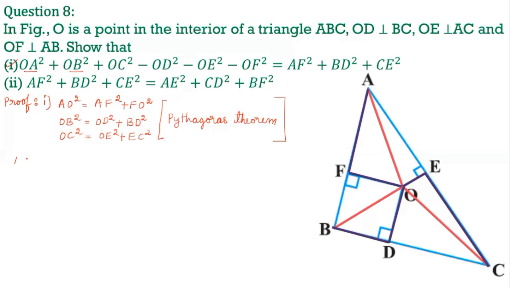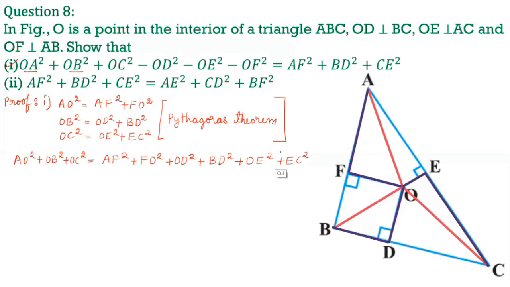So add equations 1, 2 and 3. That is AO square plus OB square plus OC square is equal to AF square plus FO square plus OD square plus BD square plus OE square plus EC square.